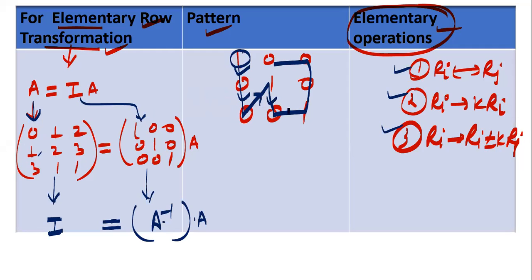Then we will make it 0. Then 0. Then 1. Then 0. Then 0. Then 1. Then 0. Then 0. Means we will go like this. This pattern will be followed, and we will use these operations. Let's see.